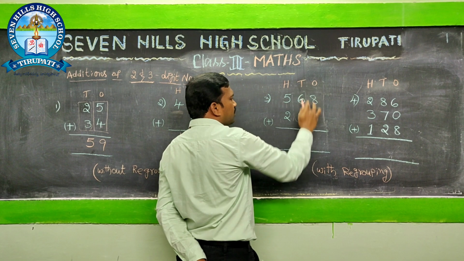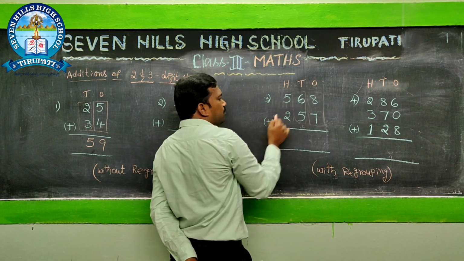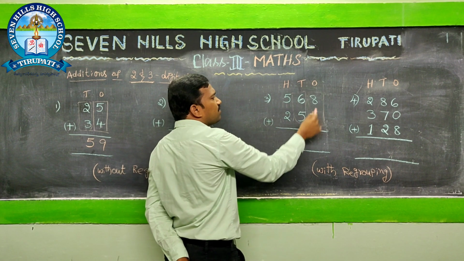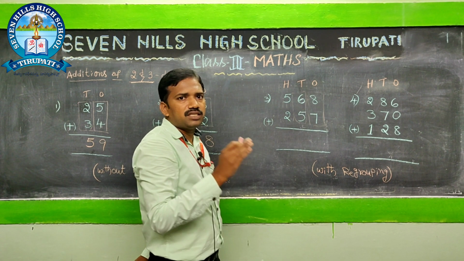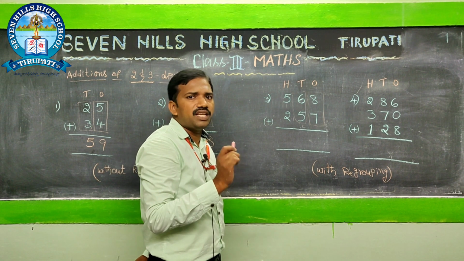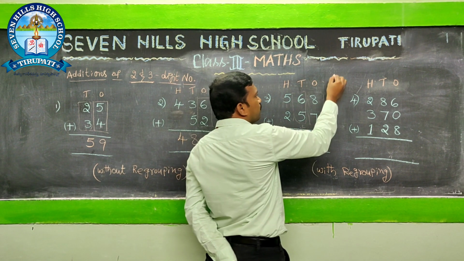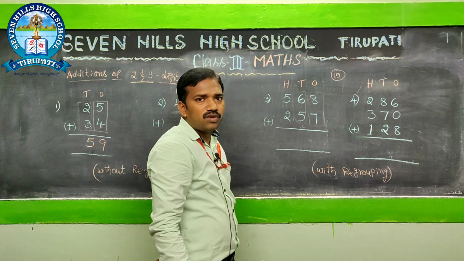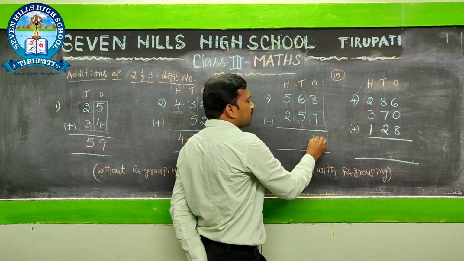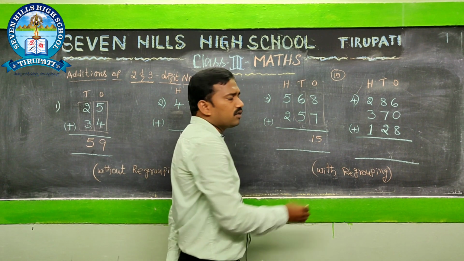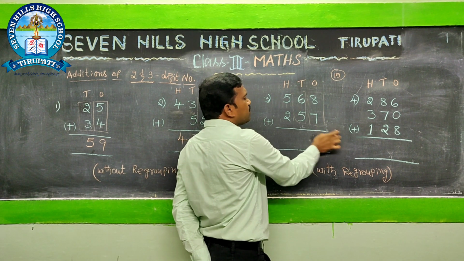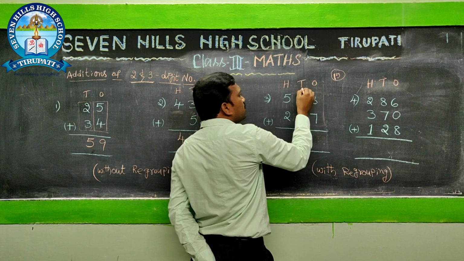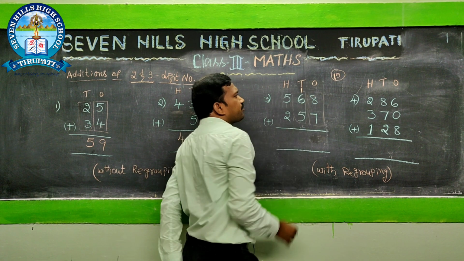Let us see. 8 ones plus 7 ones becomes 15 ones. Here it is a 2-digit number, right? So don't write 15 here, it is wrong. Because it is a 2-digit number, carry over 1 to the tens column.